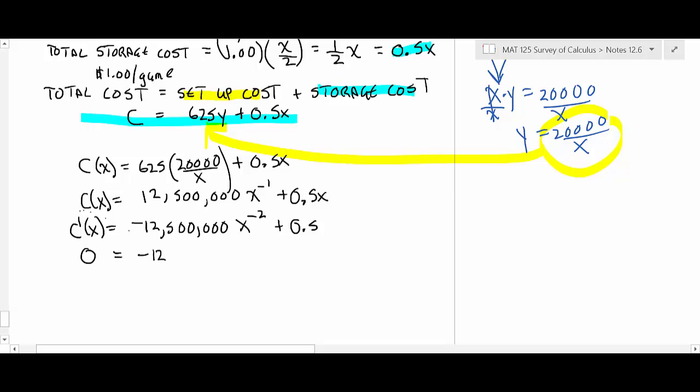So I'm going to go ahead and set it equal to 0. This is 12,500,000 all over x squared plus 0.5. How are you going to solve an equation like that? Get x on one side, right? The best way is just to move this over like that. So if you do that, you would have positive 12,500,000 all over x squared equals 0.5.